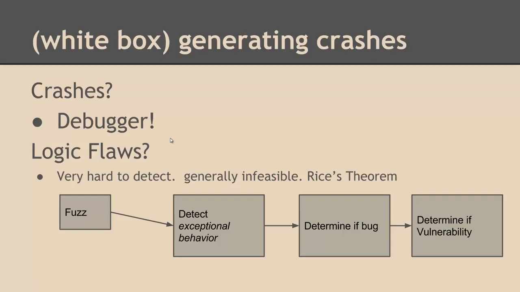For the general case, it is infeasible, and according to Rice's theorem, for any non-trivial property of a function, it's infeasible to have an algorithm that computes whether or not that property actually manifests.